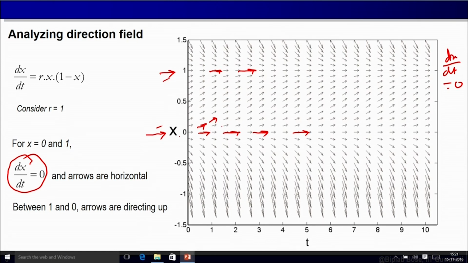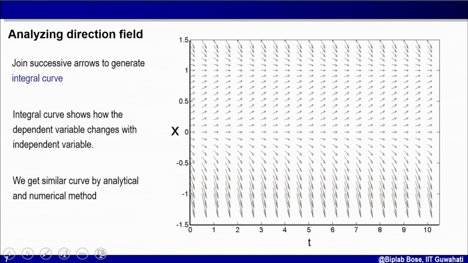Let us see. Let us take a point, for example, at time 0, let us take a point 0.2 here. So, that is 0.2 for x at t equal to 0. The interval between these two grid points is 0.5. So, if I start at this 0.2 position at t equal to 0, after 0.5 time, I will reach this point following this arrow.